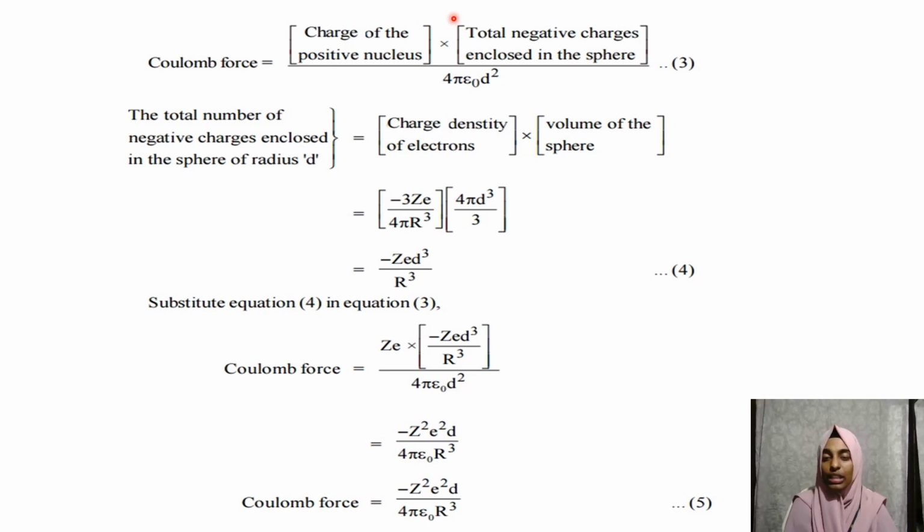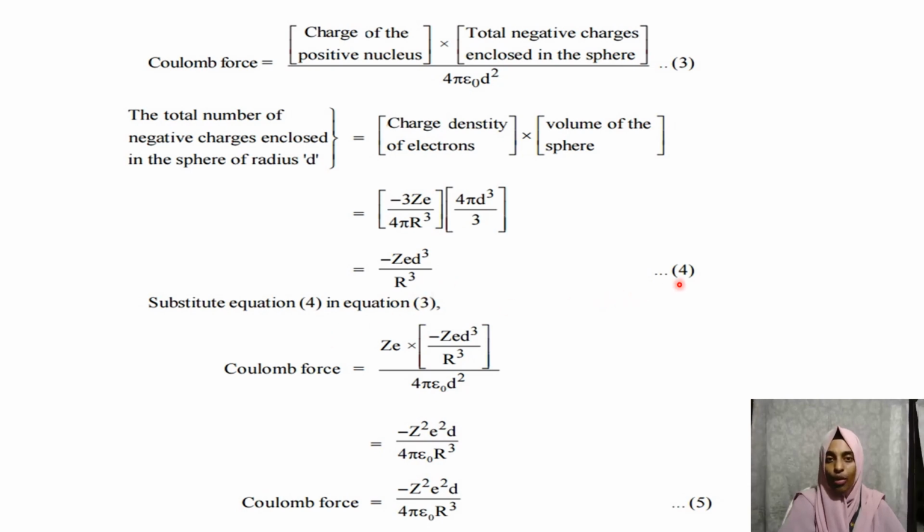Here d is the radius of the sphere. The total negative charge enclosed in the sphere of radius d is the charge density of the electron times the volume of the sphere. On multiplying these two, we get minus Ze d cube by R cube.